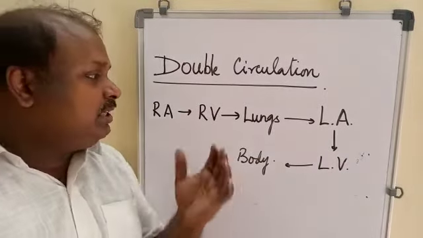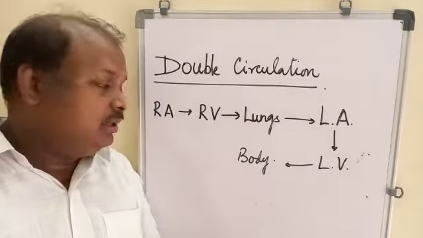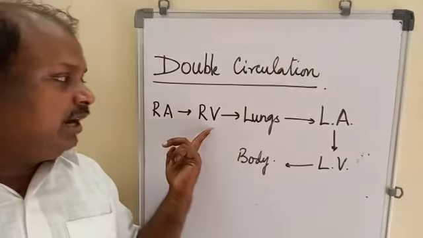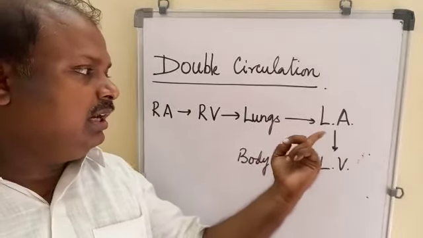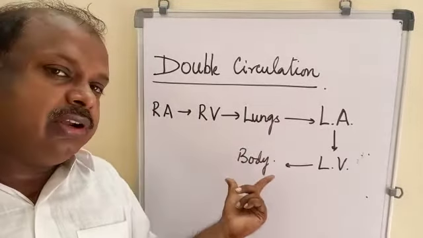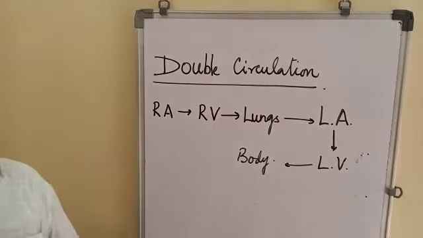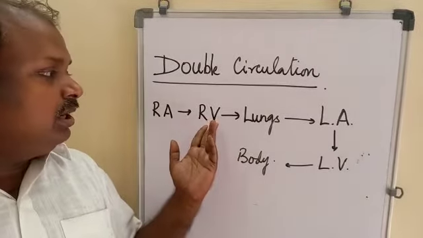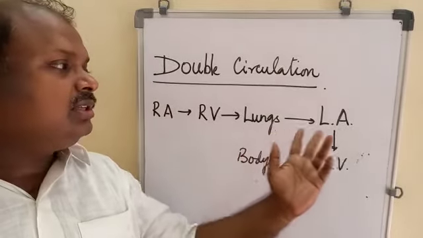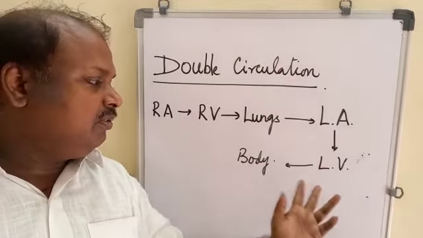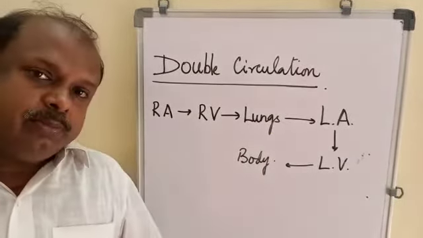This is the logical sequence that we have done earlier. I am repeating once again: right auricle, right ventricle, lungs, left auricle, left ventricle, and body parts.